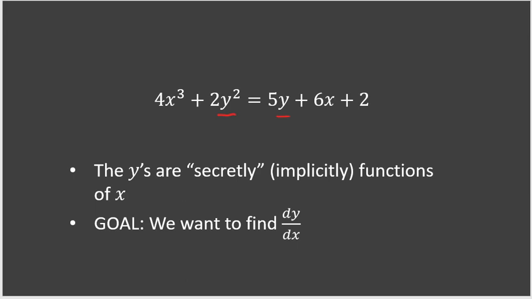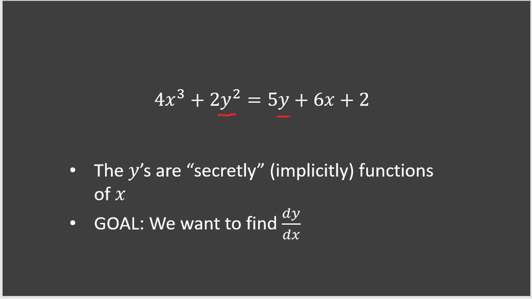So when we look at an equation like this, where we have x's and y's, and possibly varying powers of y's, or y's being plugged into other functions, we're going to see some of these examples in the next video. We work with these equations understanding that the y's are secretly functions of x.